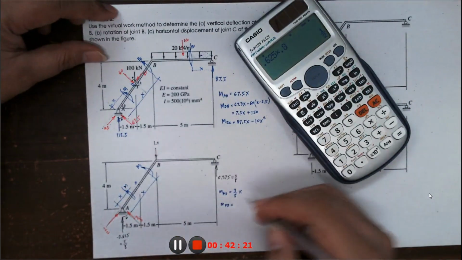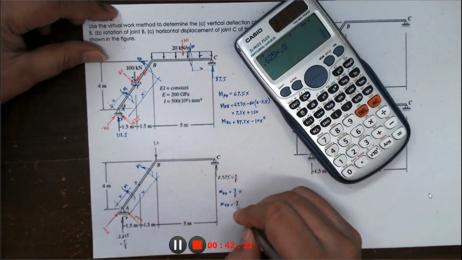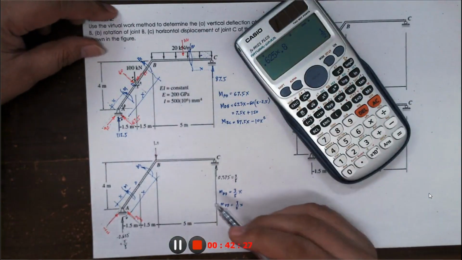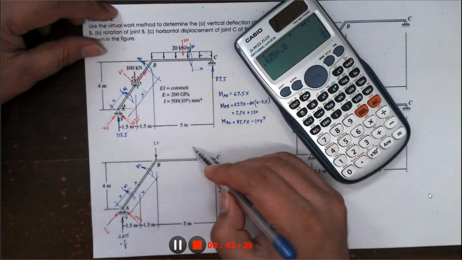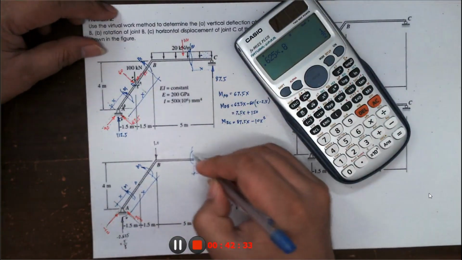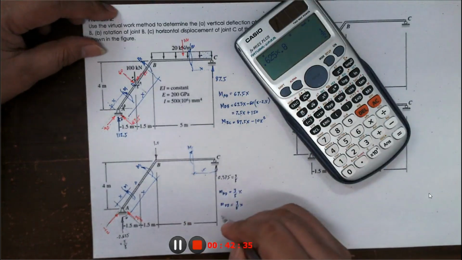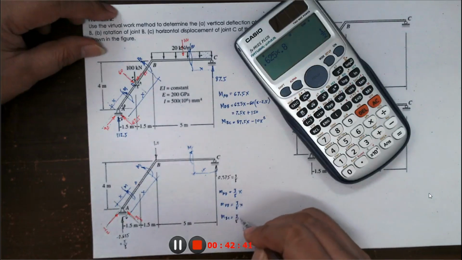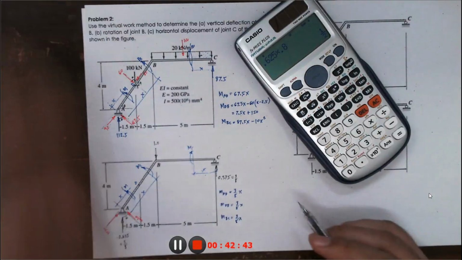M is the same, 3 over 8x. And then BC, you don't use x, MBC, 3/8. Same, 3/8x.